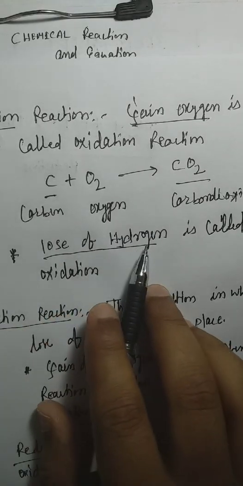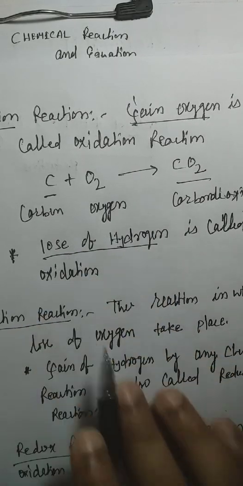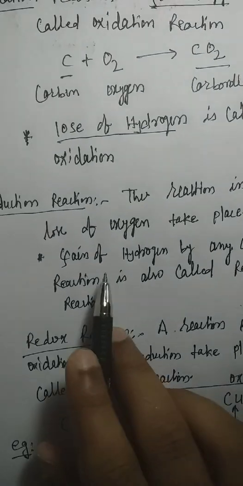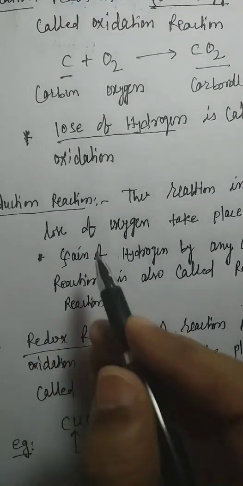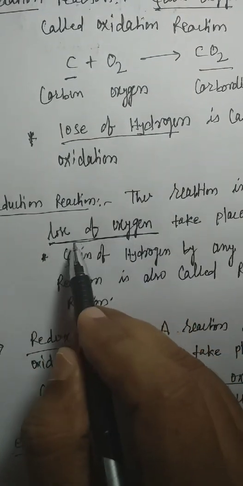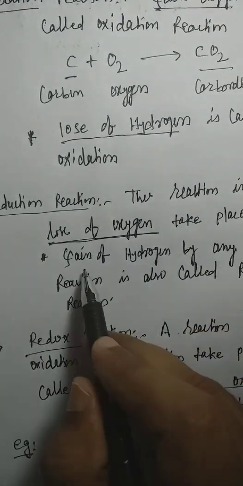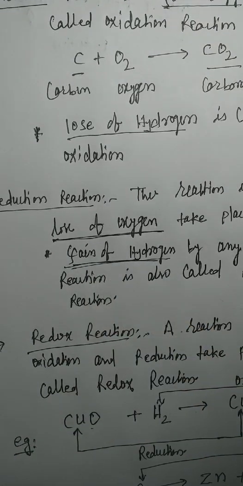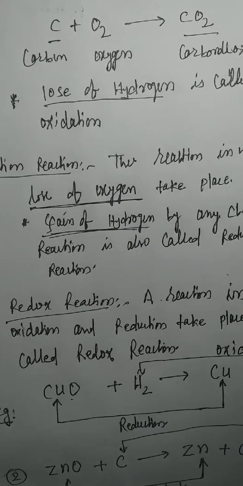For the reduction reaction, what we learned is loss of oxygen, this is our key point. So memorize and highlight this point: loss of oxygen or gain of hydrogen. In both situations it is called a reduction reaction.